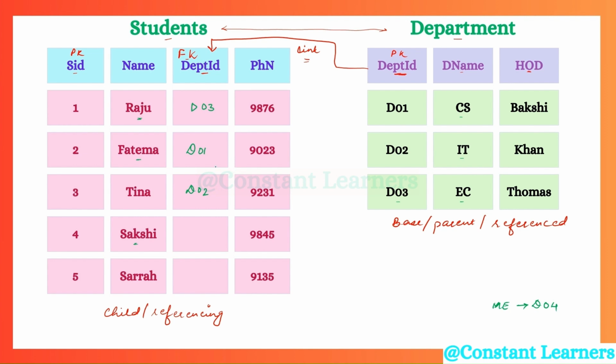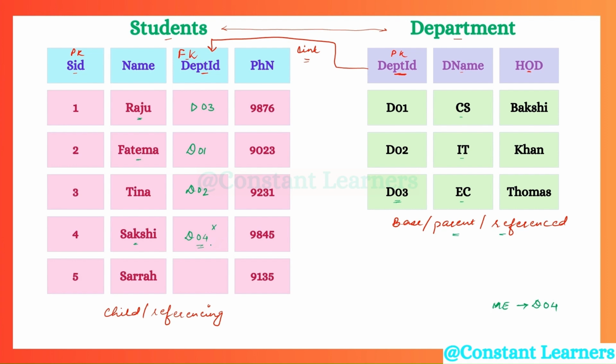So can we write D04 here in front of Sakshi's data? Can we add D04 in department ID? No, we cannot. Why can't we? Because it has still not been added in the parent or the referenced table. Since data is not present in the primary key of the parent table, it can also not be added in the foreign key of the referencing table.